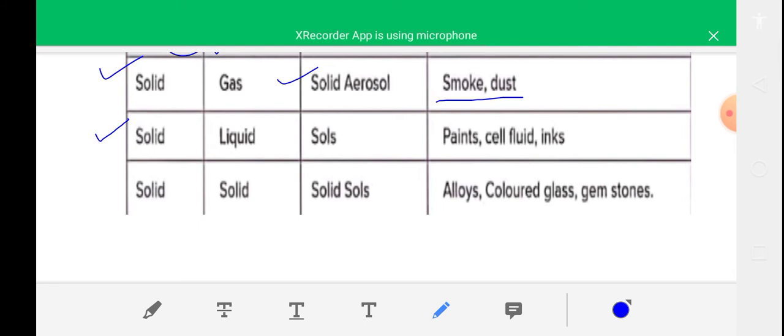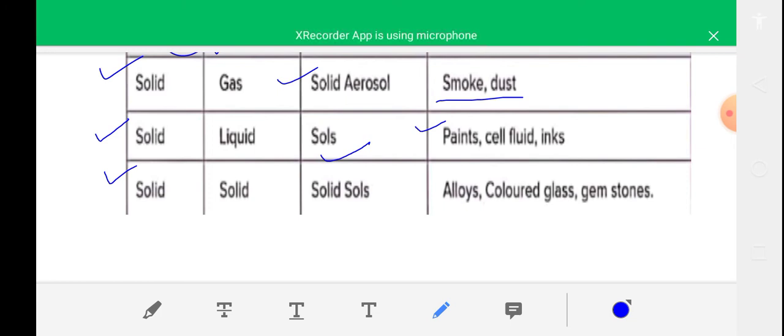This is known as sol. Sol means solid in liquid. Examples of sol: paints, cell fluid, inks. These are all sols, one type of colloid. And the last type of colloid is solid in solid, in which both the dispersed phase and dispersion medium are solid.